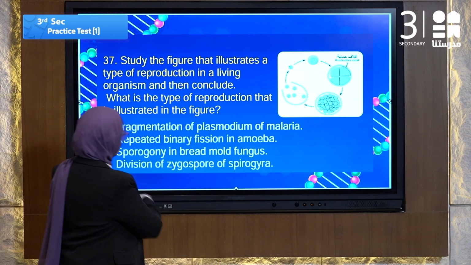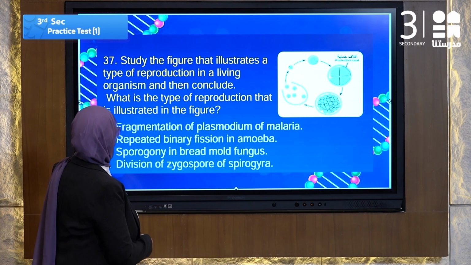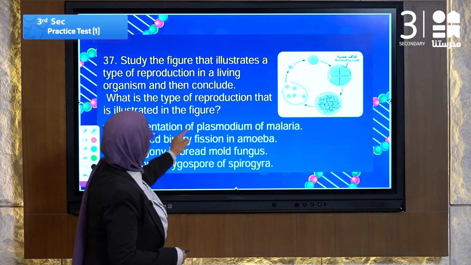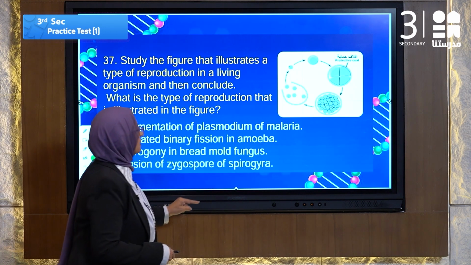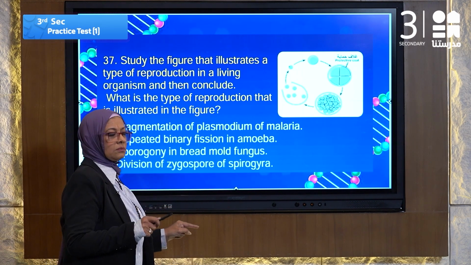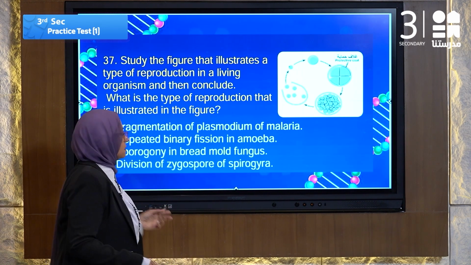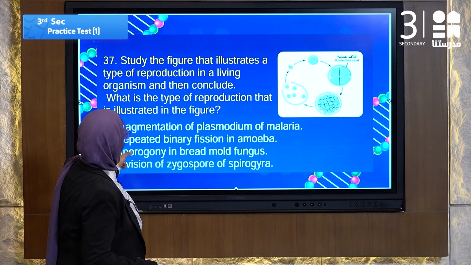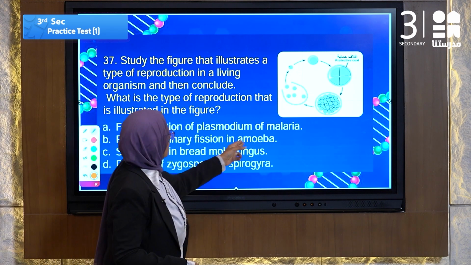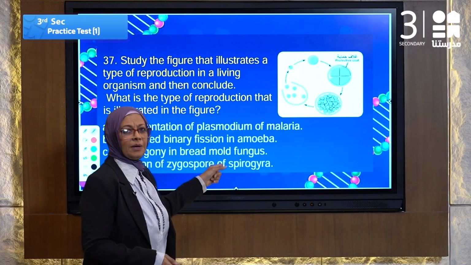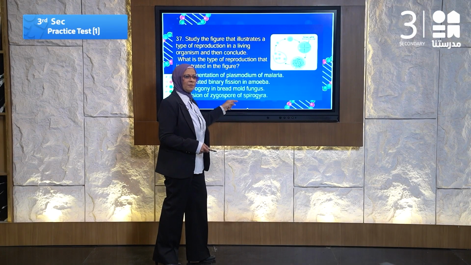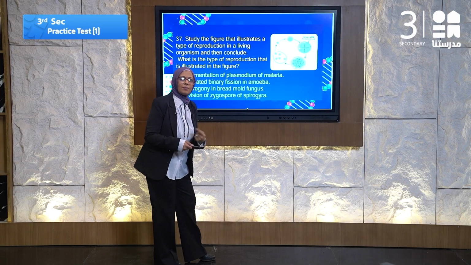Let's read the choices. A, fragmentation of Plasmodium of malaria. No. Maybe. B, repeated binary fission of amoeba. Amoeba means increase in the number.